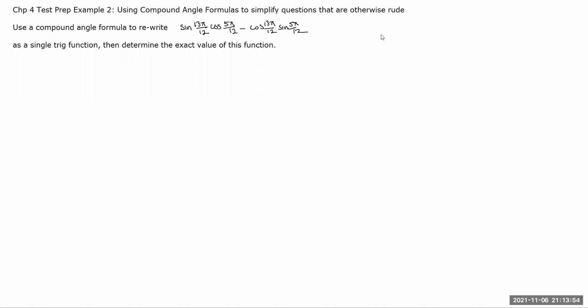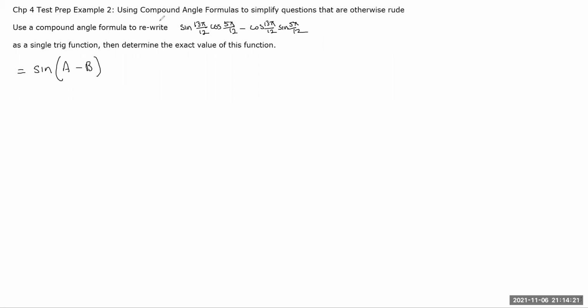The question actually gives you a prompt. Use a compound angle formula to rewrite that as a single function. So if you recognize sine cos minus cosine sine, that is equivalent to sine of an angle minus the other angle.